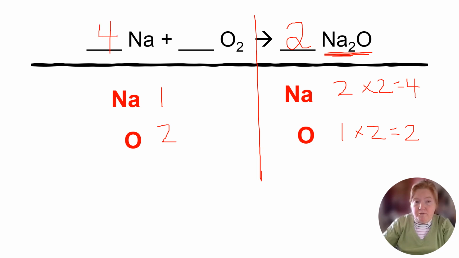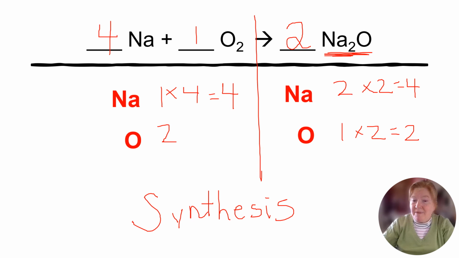But if I put a 4 here, I would multiply the sodium by 4, and I'm balanced. I could put a 1 here, right? Or leave it blank. This kind of reaction is what? This is synthesis, right? Why? Because I start with 2 things, and I end up with 1. I built something, okay?